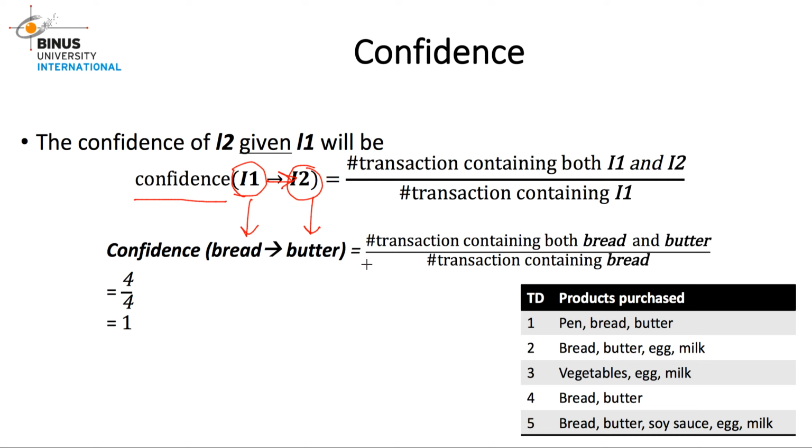How to calculate this? Transactions containing both item 1 and item 2 together, divided by transactions containing item 1 only, from the whole transactions that contain item 1, the antecedent.